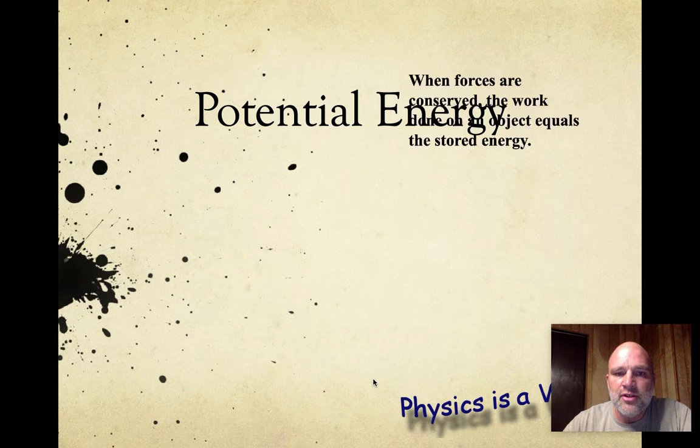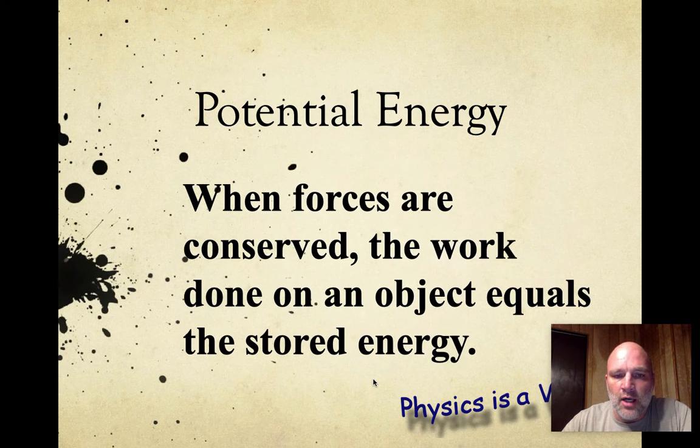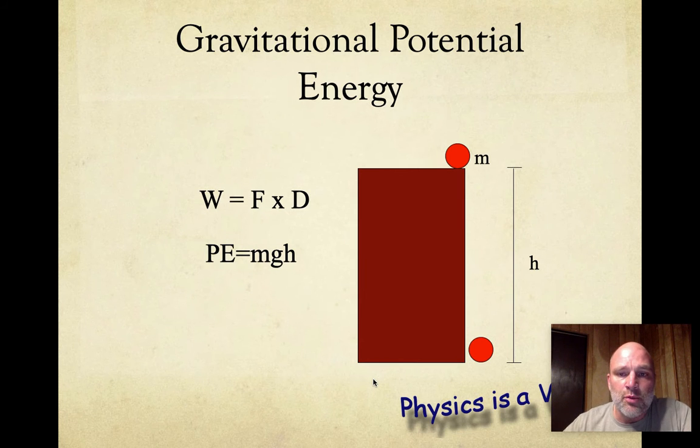So let's look at gravitational potential energy. Well, just in general, when we do work on something, and it's a conservative force, the work done equals the stored energy. Gravitational potential energy looks like this. Once again, we see that work is force times distance.